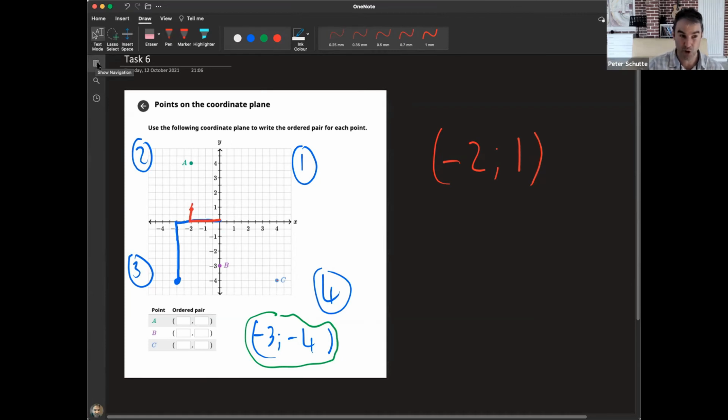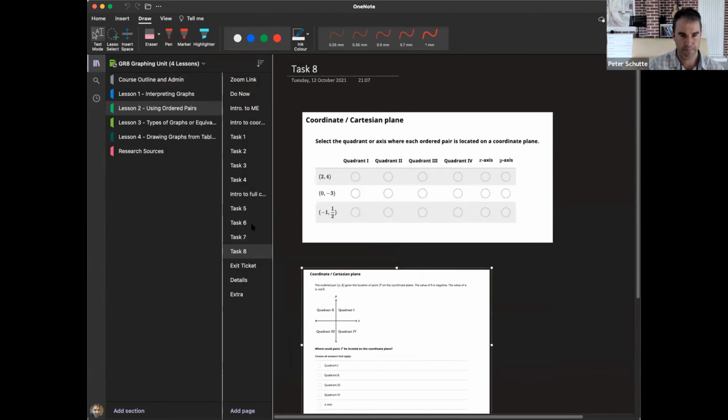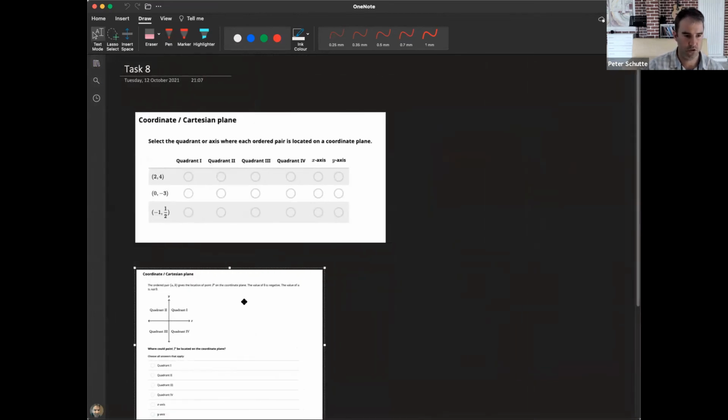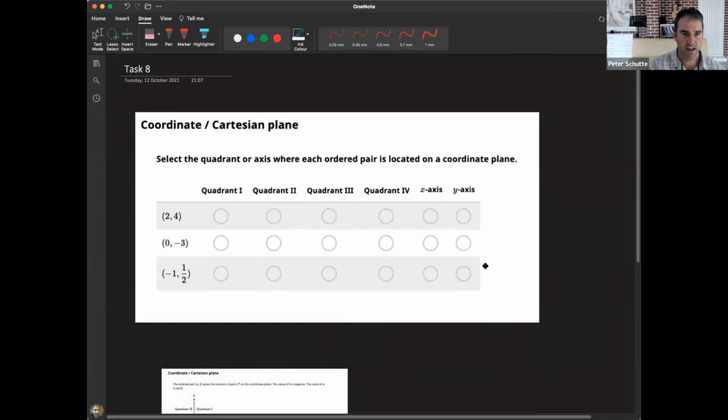Okay, because you're doing so well, in fact, I'm going to give you a little bit more of a sneaky one. Okay, so this is what I want you to do. We can ignore this one down here. You will see that this question is saying select a quadrant or axis where each ordered pair is located on the coordinate plane. So this is really just quadrant 1, quadrant 2, quadrant 3, quadrant 4.